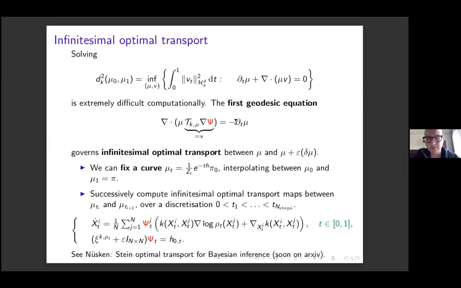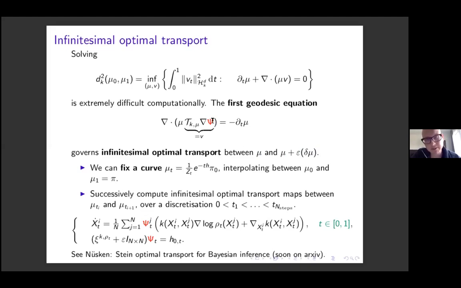We have some measure mu given, and then there is some perturbation of this measure mu. I'm noting this here in a kind of sloppy way, but this slide can in fact be made rigorous, though I'm not showing it.